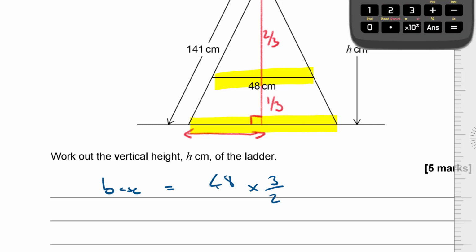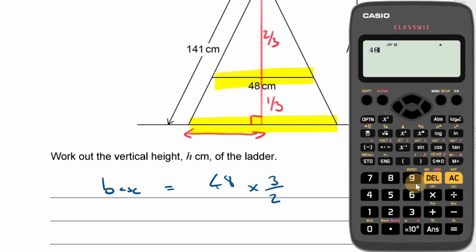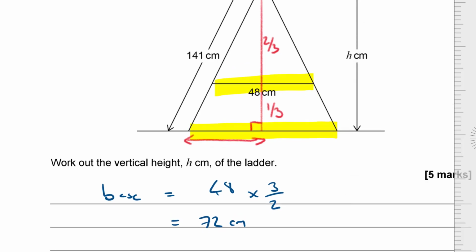Divide by 2 times by 3. So 48 divided by 2 is 24, times by 3 is 72. So that's going to be 72 centimeters. So then I wanted to halve that, didn't I? So half of 72 is 36. So this distance here must be 36.